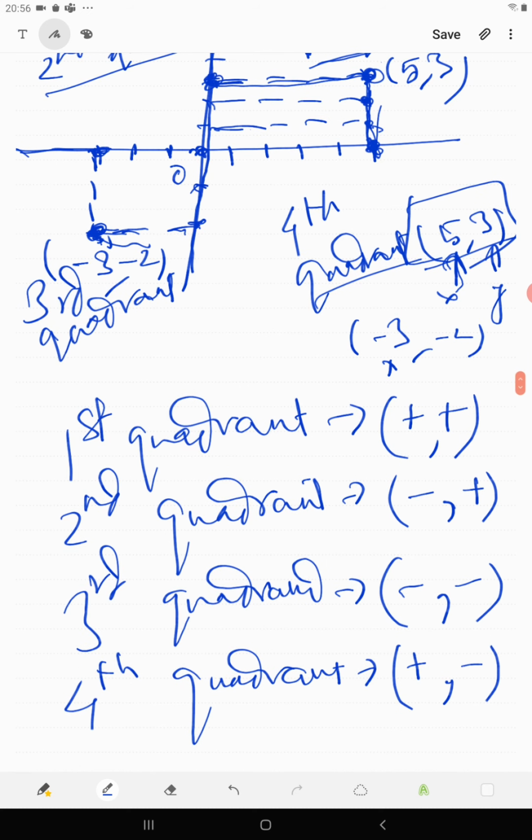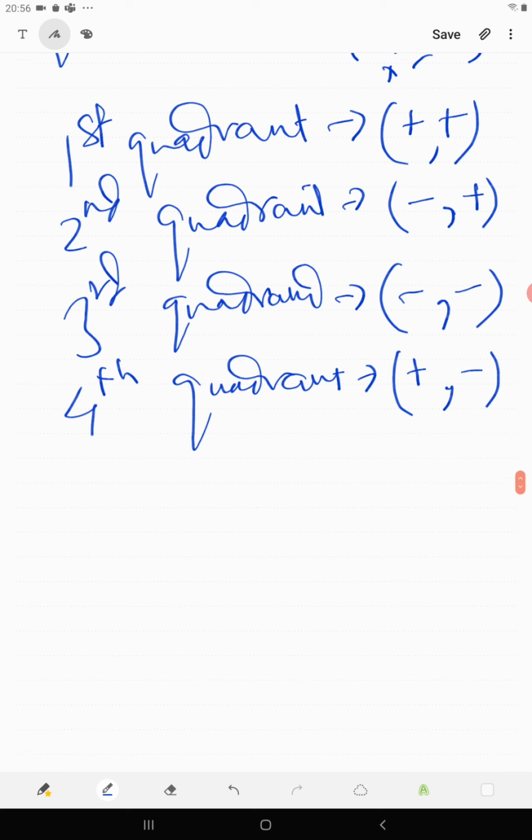In the third quadrant x will be negative as well as y, that is, abscissa will be negative and ordinate will be negative. Then in the fourth quadrant we have x as positive and y as negative, that is, abscissa is positive, ordinate is negative. Very easy.